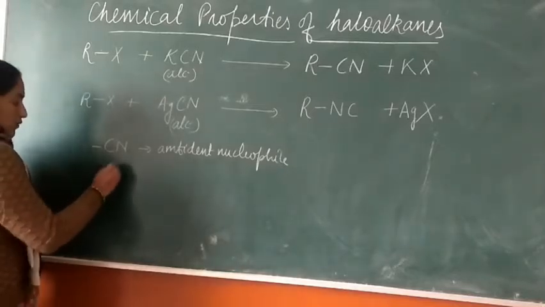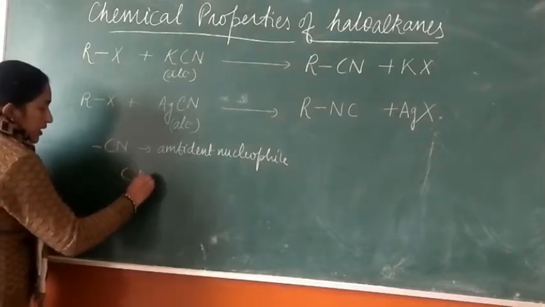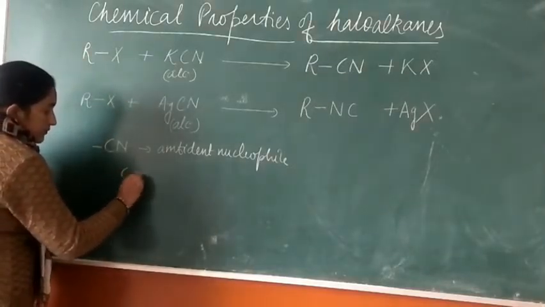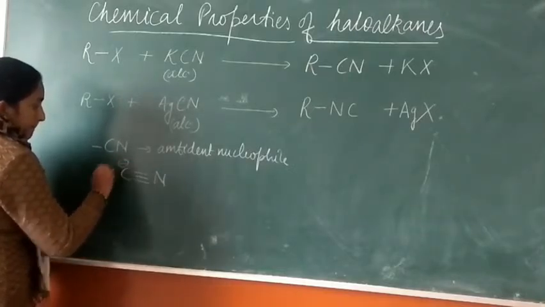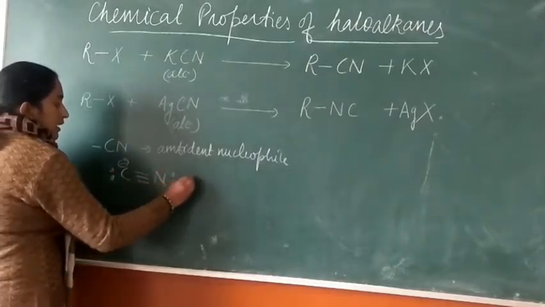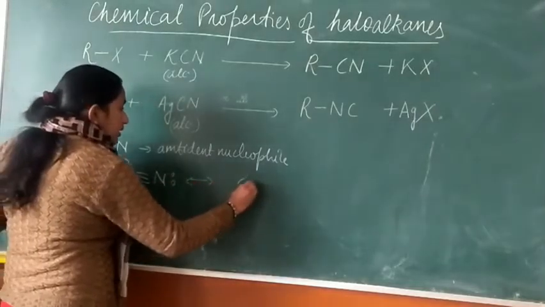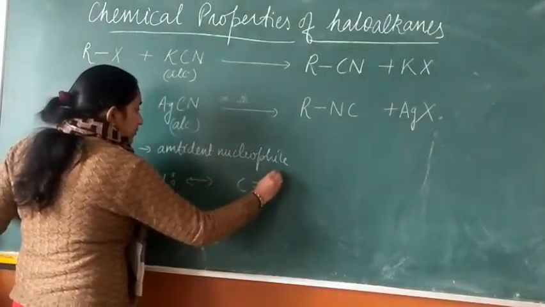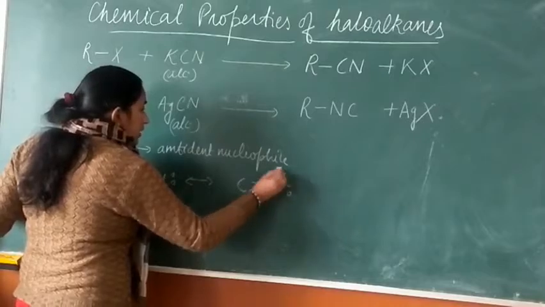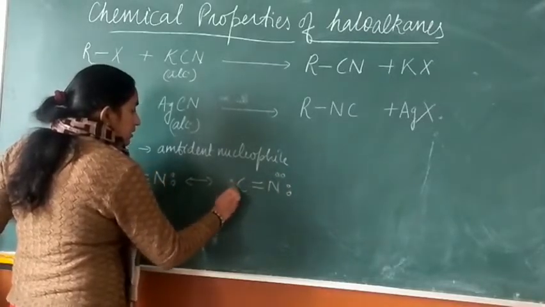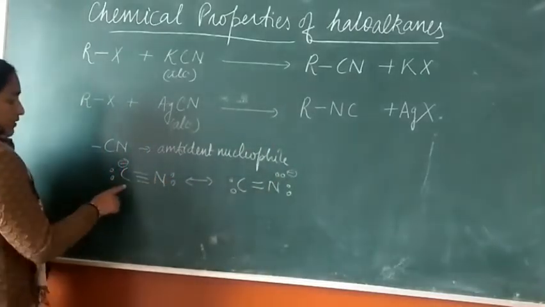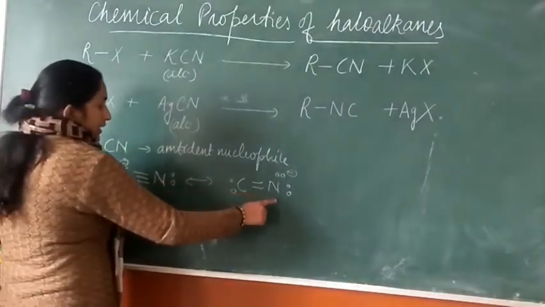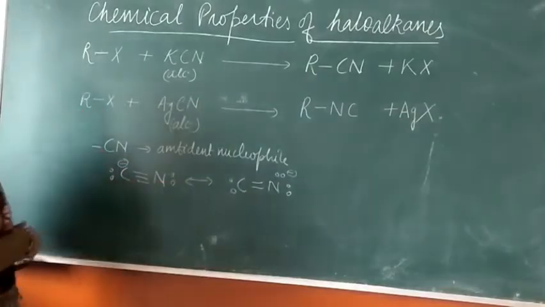If you see, students, go through its resonating structure, it is in resonance with the nitrogen. So here we have two donor sites. One is carbon, the other is nitrogen. This is the first thing.